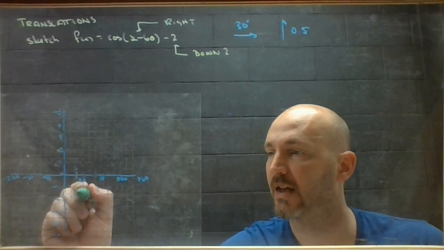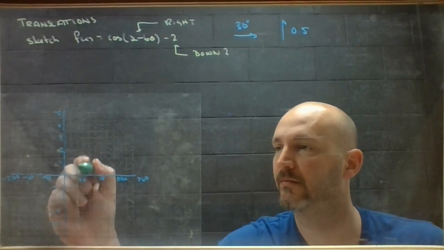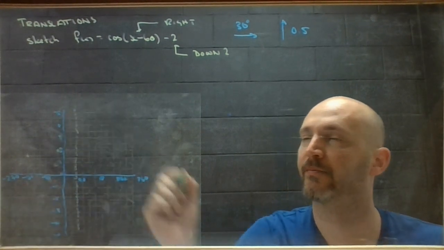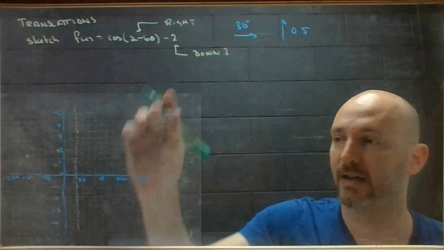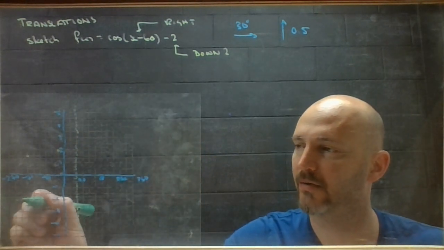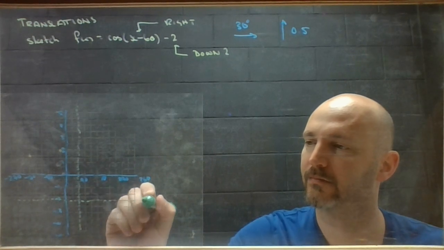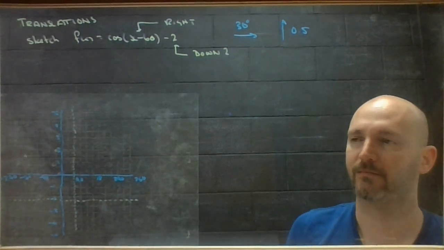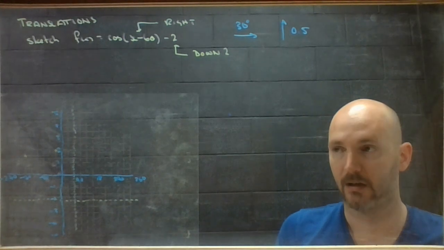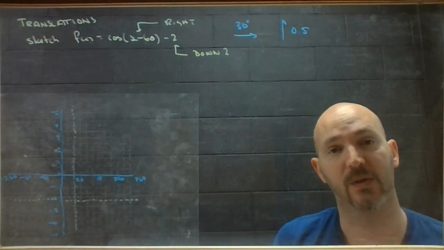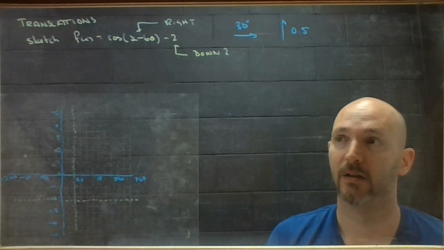Draw myself a dashed line. And negative 2 is here, so I'll draw myself a dashed line. And now that I have that translated, I just have to map the cosine pattern on there.